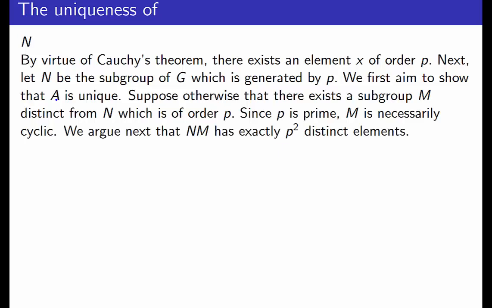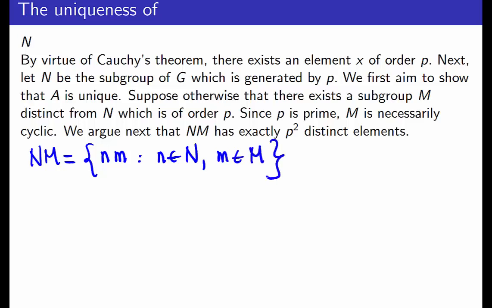We argue next that the set Nm consists of all elements of the type n, m, such that n is in big N and little m is in big M. So we want to prove that this set has exactly P squared distinct elements.